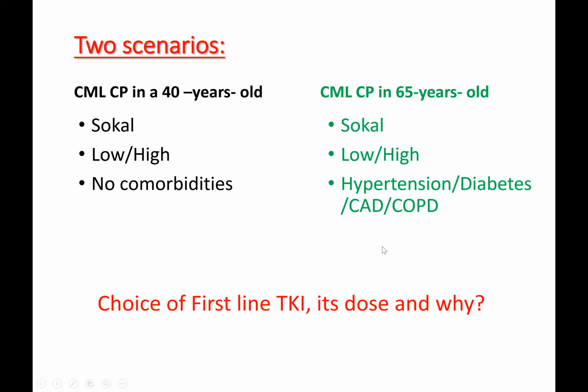If somebody has GFR less than 30 and a lot of GI complaints, then probably even bosutinib will be an issue. But otherwise, if those are not there, which have not been quoted over here, and this fellow has a high Sokal score, I will go with bosutinib. And the dose of bosutinib upfront, which you are going to use? 400 milligram. 400 milligram only, and not 500 milligram? No, 400. Okay, that's great.